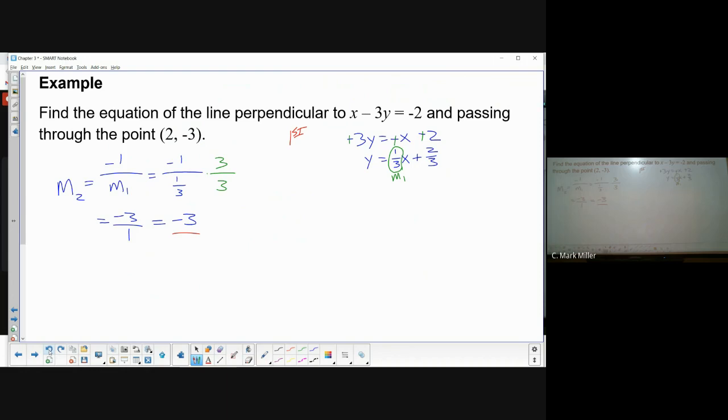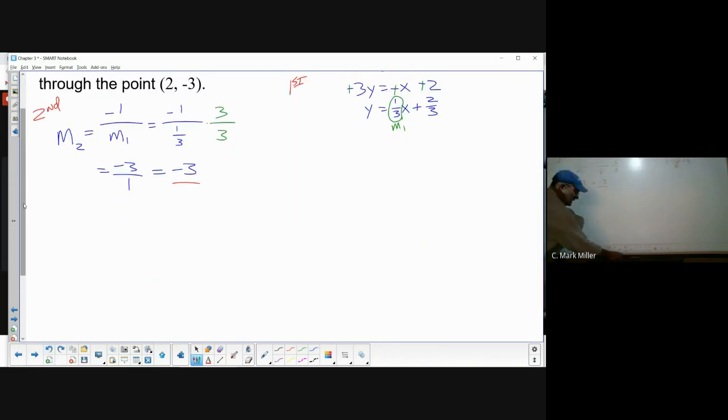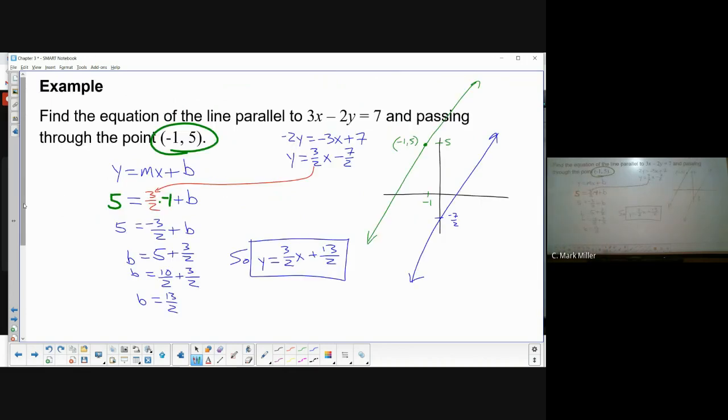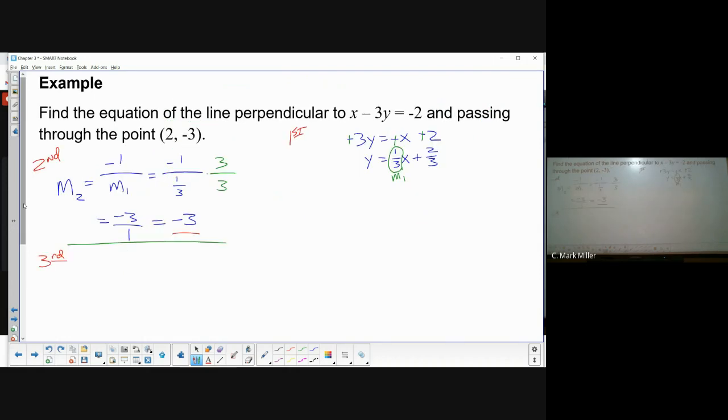But that's only step 2. Step 3: use either what we did here, or the point slope formula to get our equation.